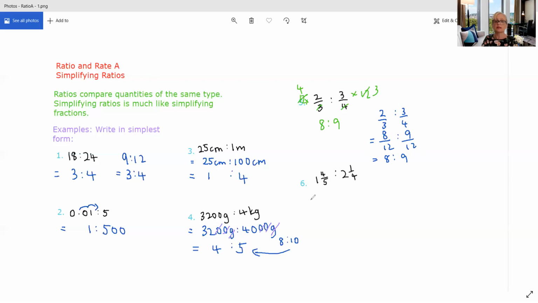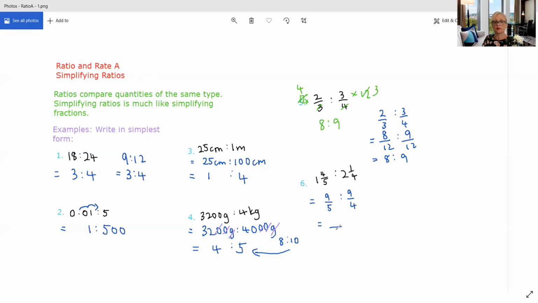If you have mixed numbers, the first thing you need to do is put them as improper fractions, and then you proceed as you would in example 5. 1 times 5 is 5, plus 4 is 9. So 9 on 5 to 2 times 4 is 8, plus 1 is 9. 9 on 4. Okay, several options here.